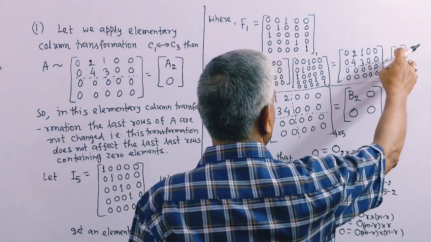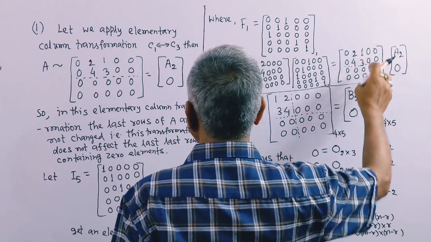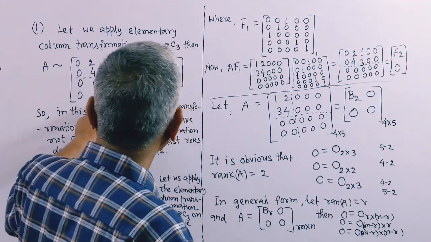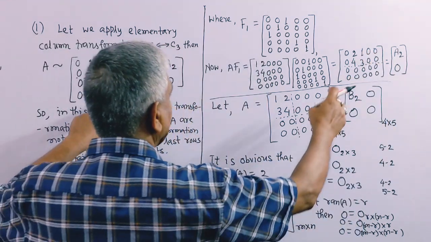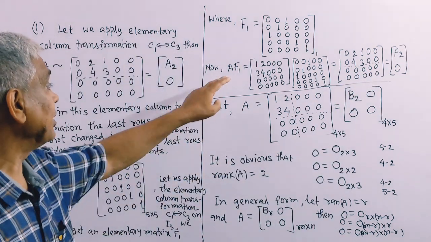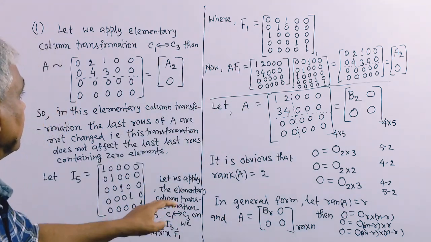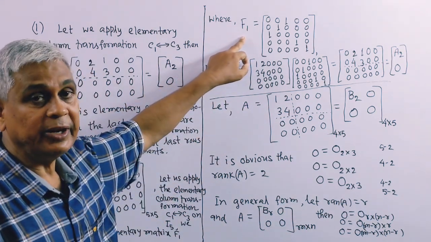So we write here in the form A to 0. Here we see that this matrix and this matrix are the same, meaning if we post multiply the corresponding elementary matrix, this is the corresponding elementary matrix.